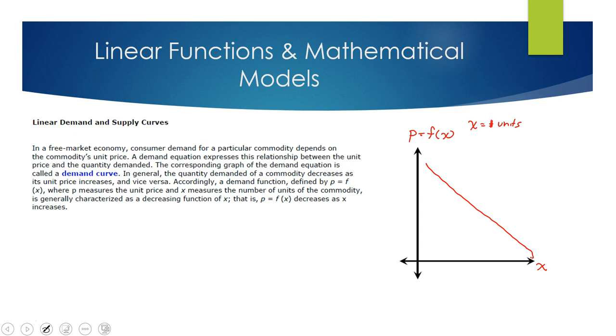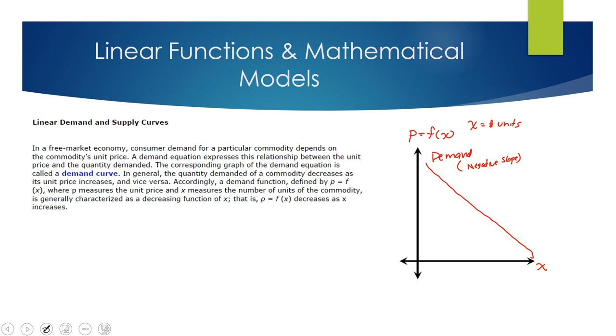If it's linear, it's going to have a negative slope. So the demand curve is going to have a negative slope, because again, as the number of units gets bigger, the price goes down.